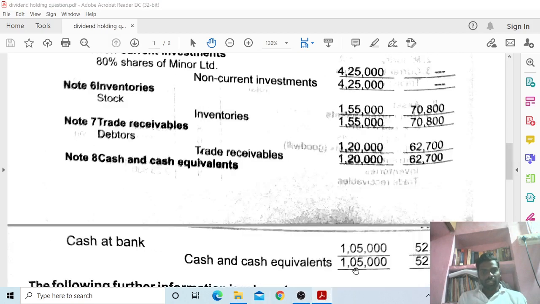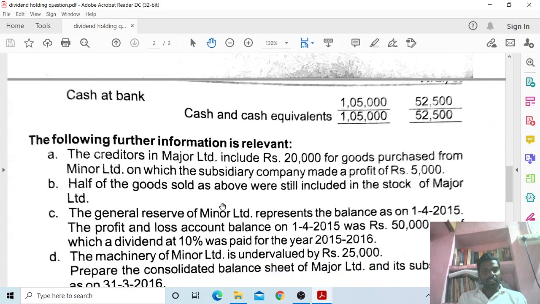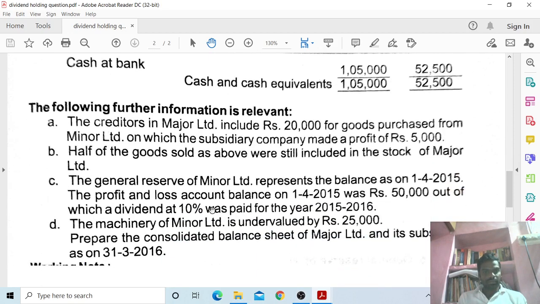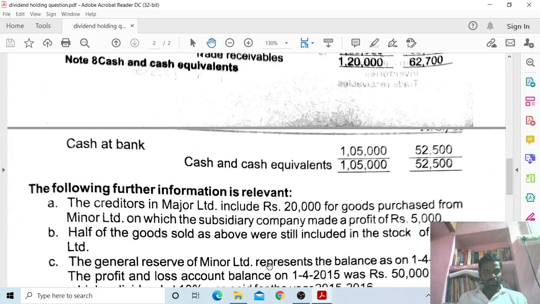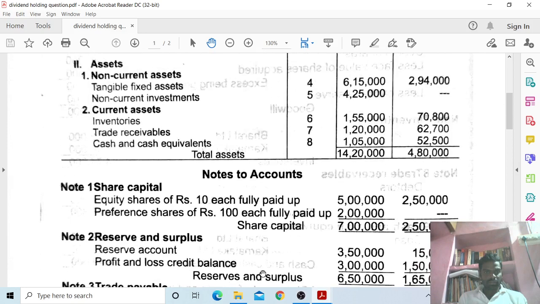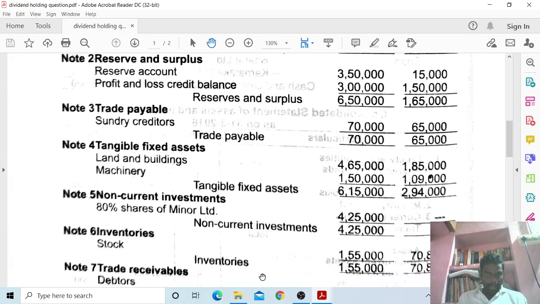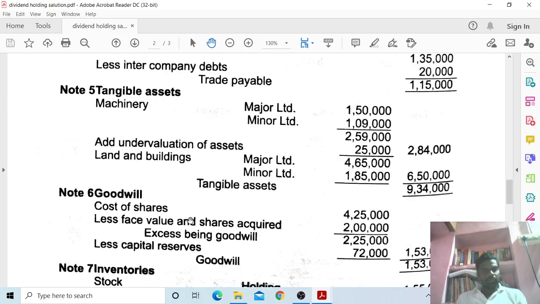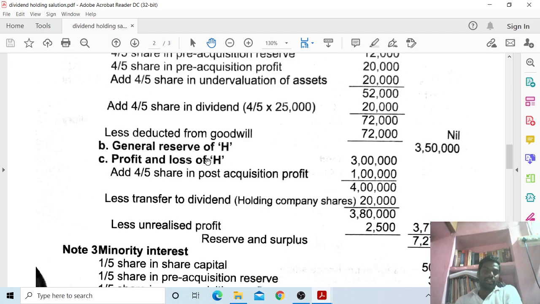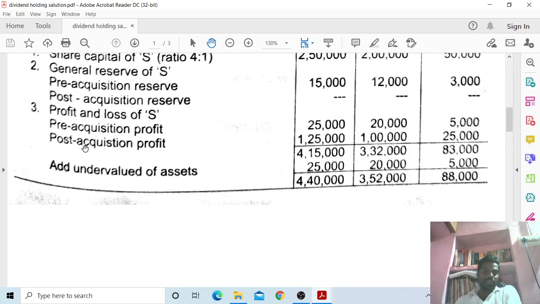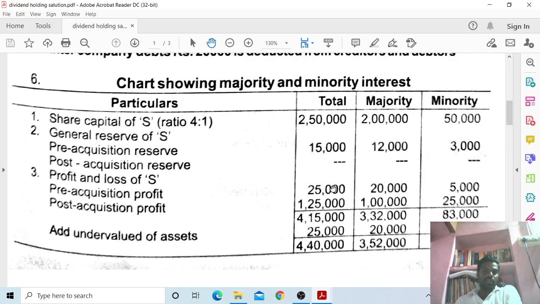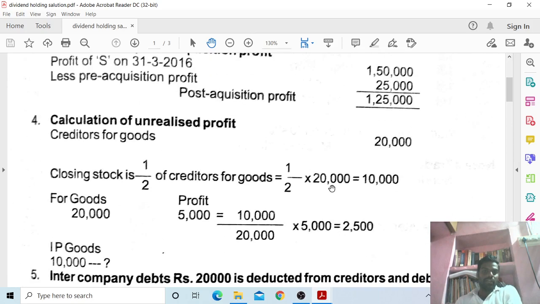The amount of undervaluation of assets is 25,000.